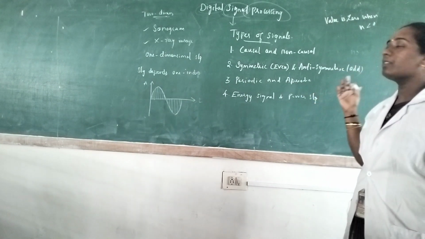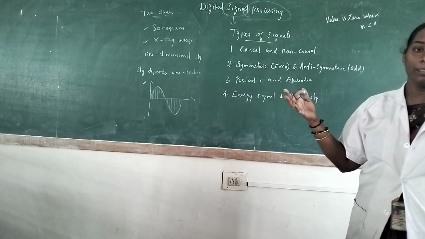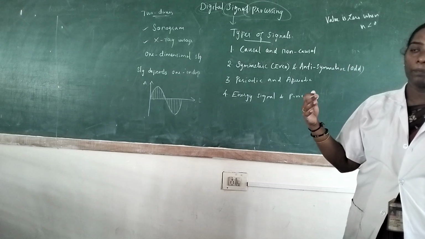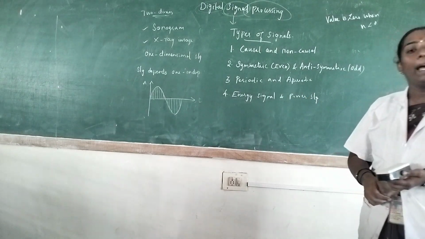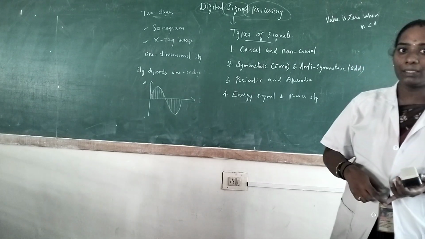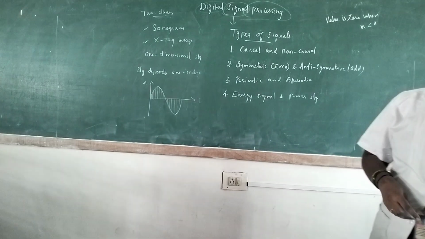Hence the signal is called a causal signal. Otherwise the signal is called not causal. And one more type of signal is also there, that is anti-causal signal. So the condition for anti-causal signal is the value will be 0 when n greater than or equal to 0.